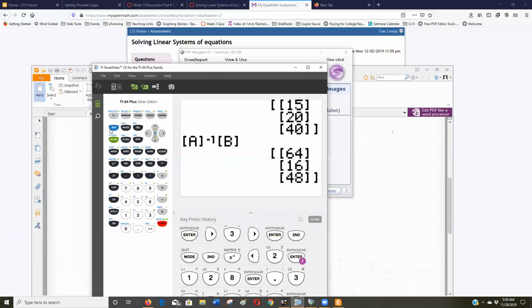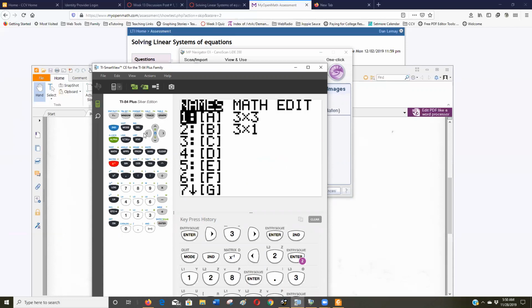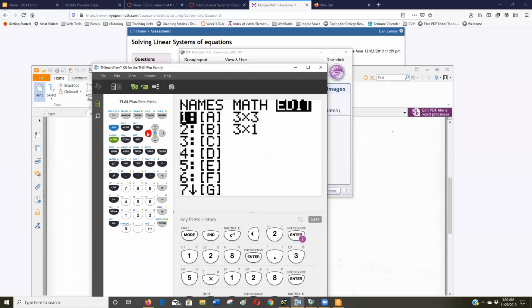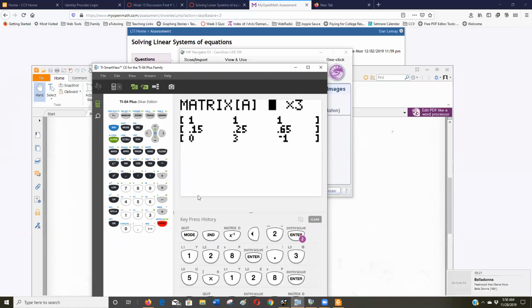So you've watched this video. You see how I set this up? I put the matrix, I said second matrix and edit. You're always going to remember to edit. If you have a graphing calculator, I'll do a quick walkthrough here. Edit, and then type in your values, your coefficient matrix.